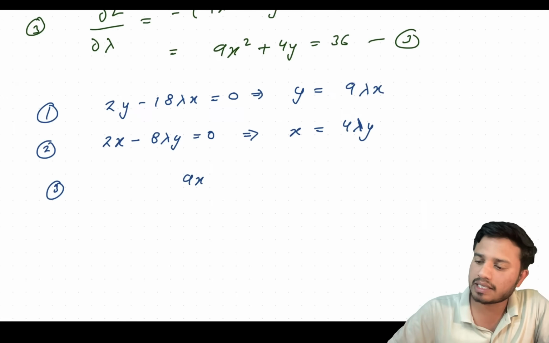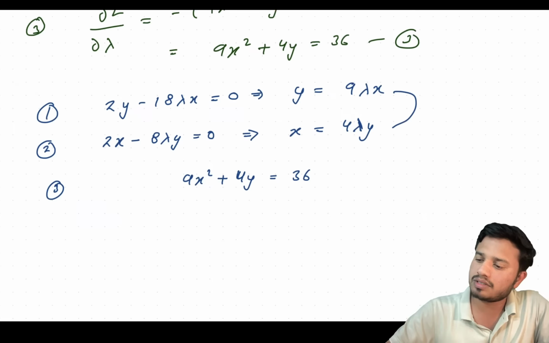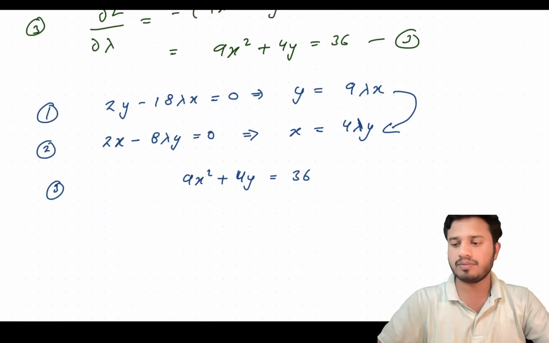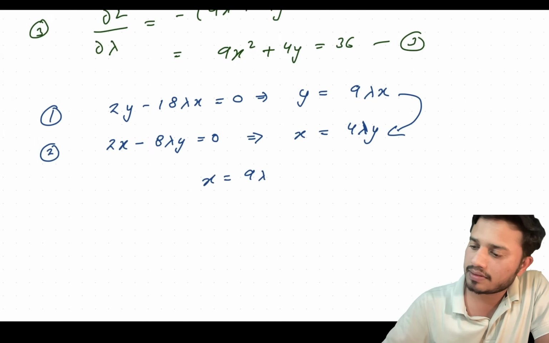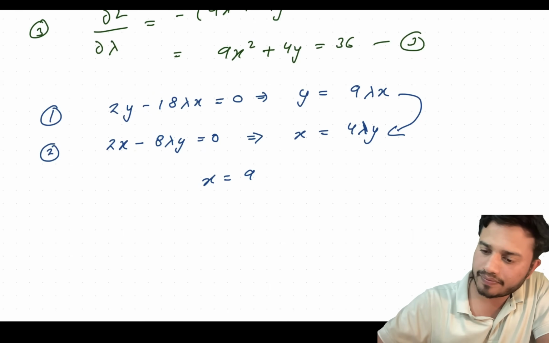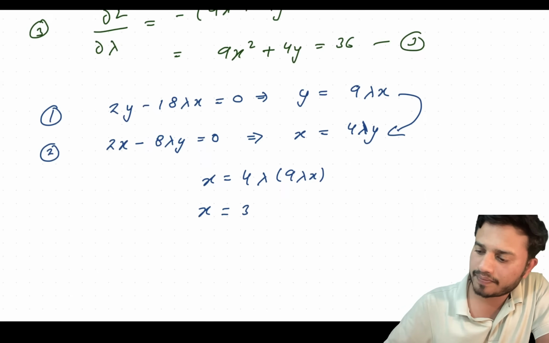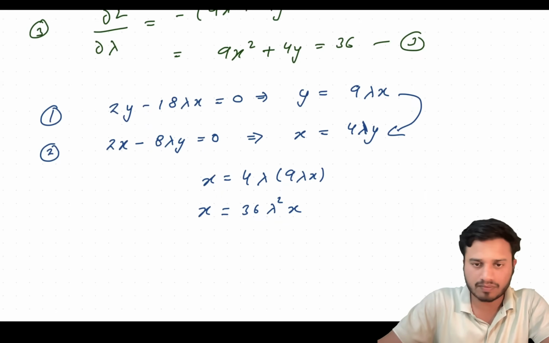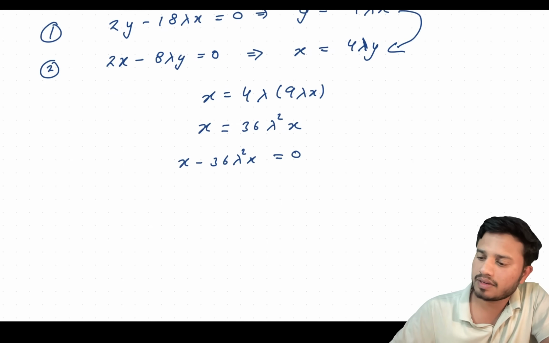From the third equation we have 9x y equal, you can just replace y here. x, 4 lambda x, 6, x 6.